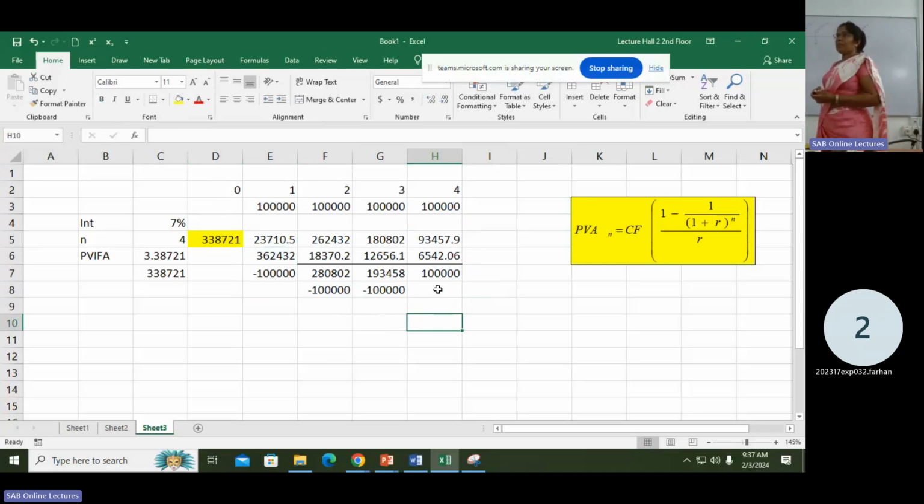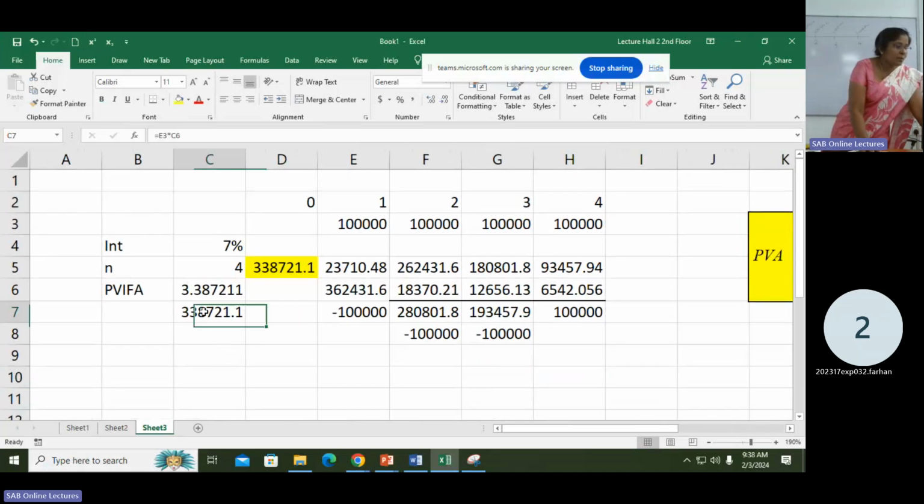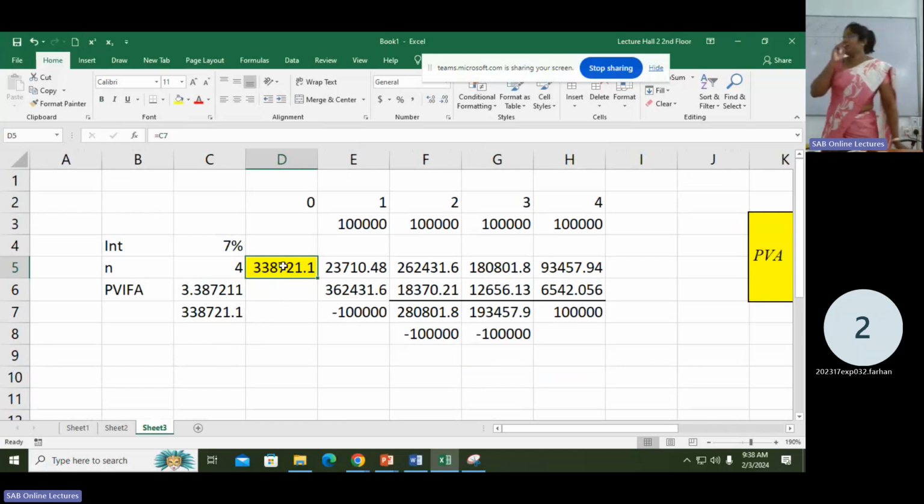Then you can apply the present value interest factor annuity table and you will get the answer, 338,721. This is the amount that he should deposit at time 0.